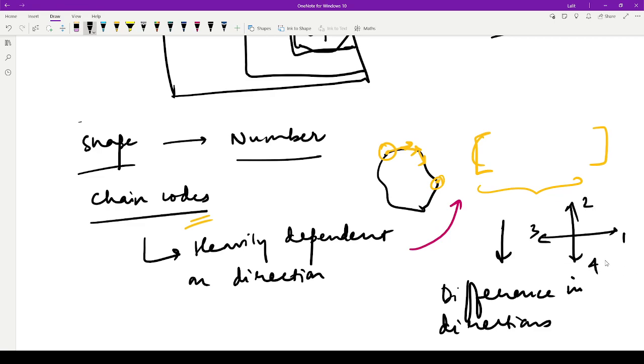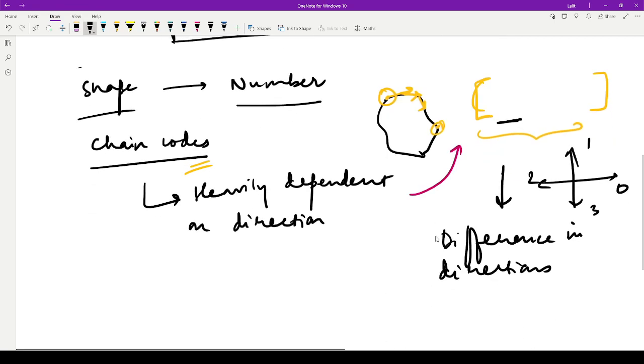I think in lectures it was from zero to three. Okay, just maintain that convention: zero, one, two, three, anti-clockwise. So given this, you will see how many directions have changed for a given set of numbers, and based on that, you will try to encode it, which is called a shape number.